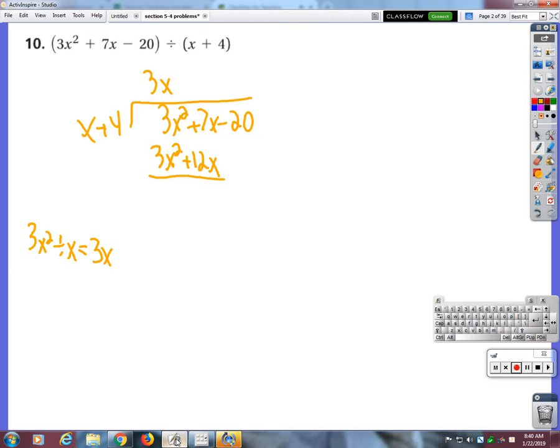Eli. Okay, so these cancel. 7x minus 12x is negative what? Negative 5x. Okay, and then I bring down this negative 20. Okay.